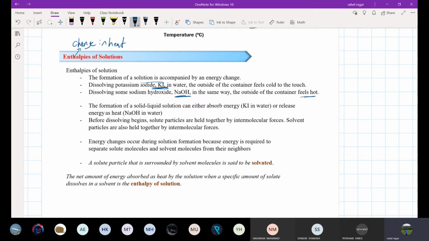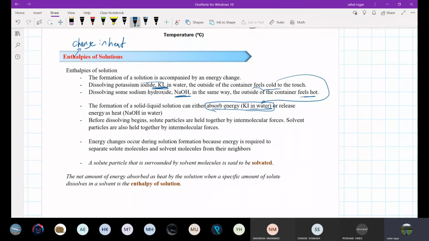We are not talking about effects. We are talking about the change that will happen during the solution. In KI, the formation of a solid solution can either absorb energy. So when we dissolve a solid in liquid, sometimes it will absorb energy, like KI. If it absorbs energy, it will feel cold to touch.